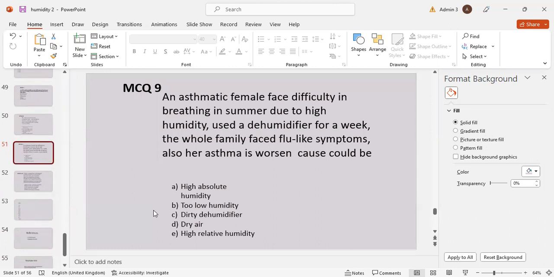A. Option C is the right answer. It is the dirty humidifier that can worsen the asthma or cause flu-like symptoms and RTIs in family members and all other persons who are exposed.